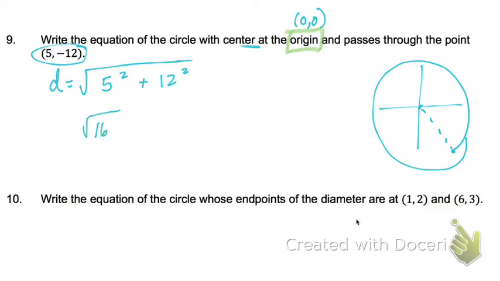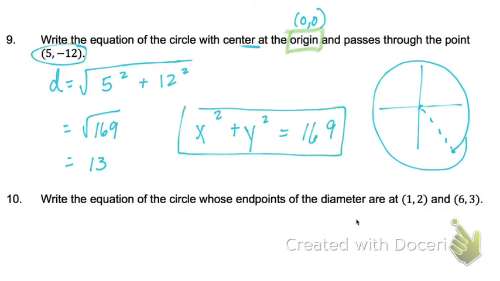And isn't that 13? Perfect. So my equation would be x squared plus y squared equals 13 squared, which is 169. So y'all try number 10.